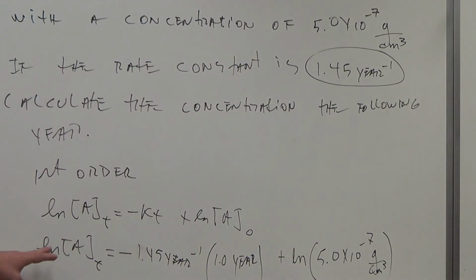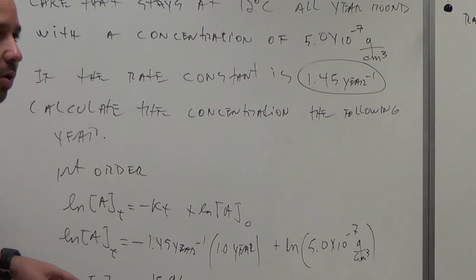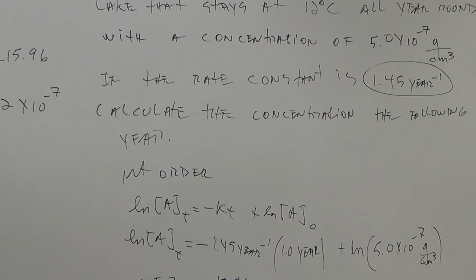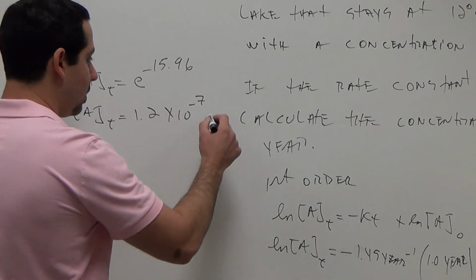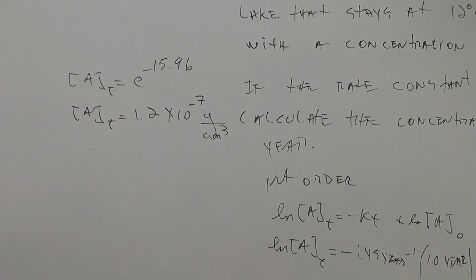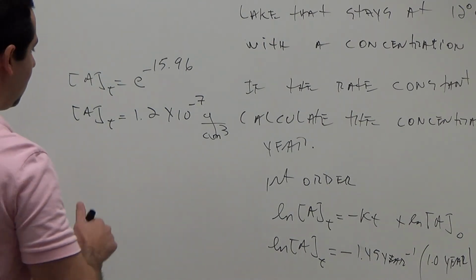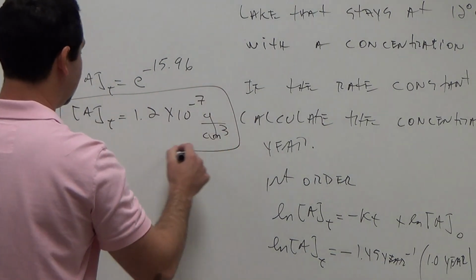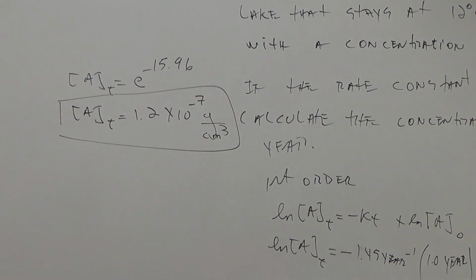Anyway, because we took the ln and then we did the e to that power, it just becomes the same unit you had to begin with. The unit for concentration was grams per centimeter cubed. If you take the ln of something that you cannot take the ln of, but then you do the e to that, it will be whatever unit it was before. So this is a concentration. Problem is cake.